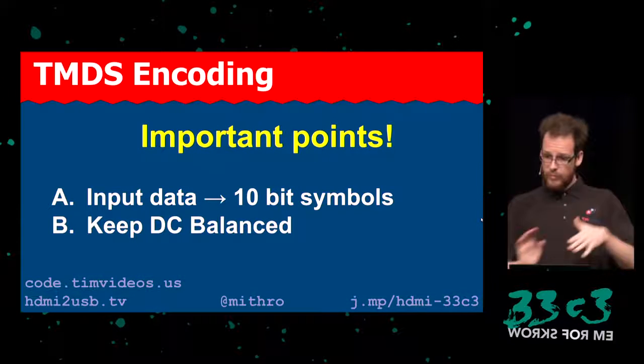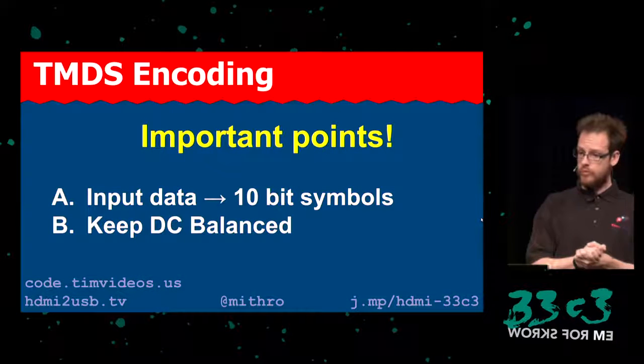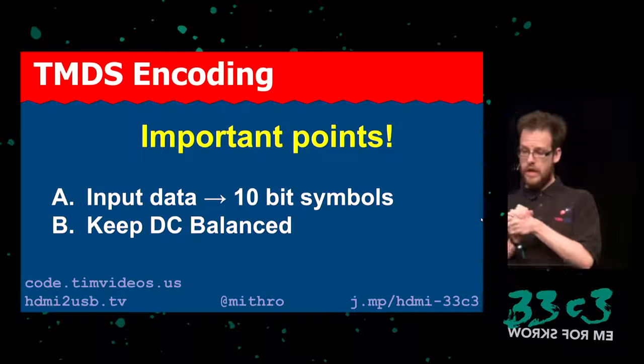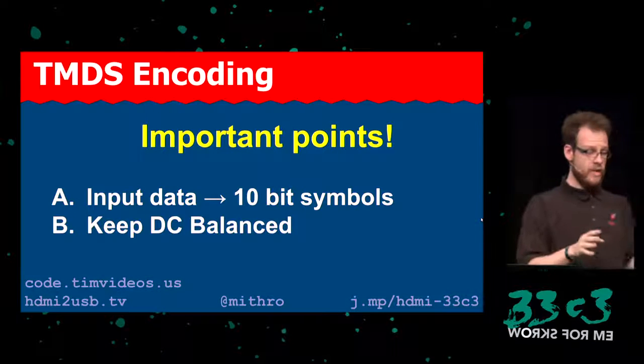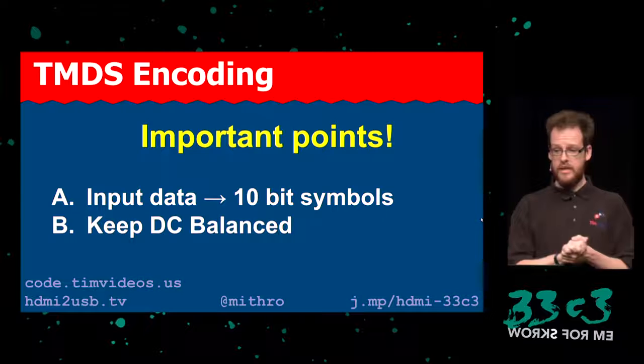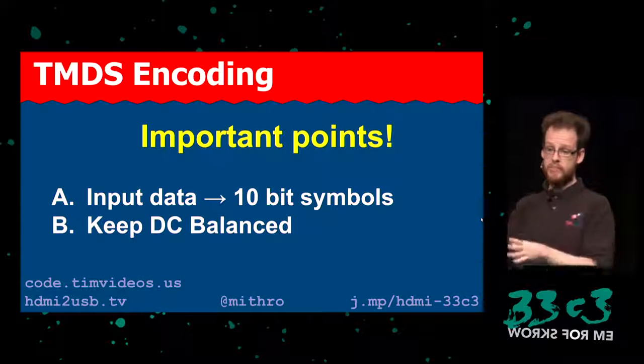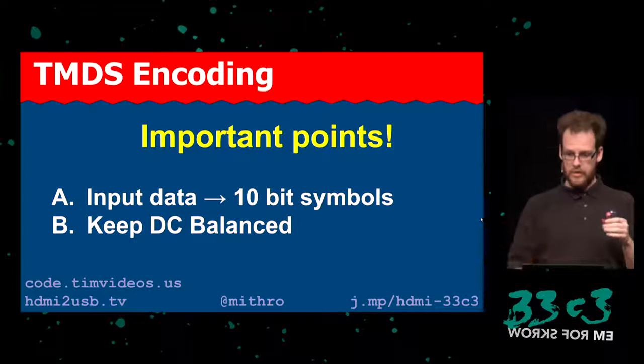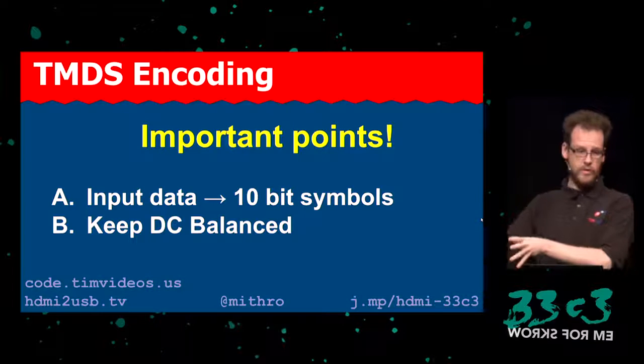So a couple of important points to go through first. The input data, no matter how wide, is converted to 10-bit symbols. Data goes to symbols. When we're talking about them being transmitted, we talk about symbols. When it's decoded into pixels, we talk about data.